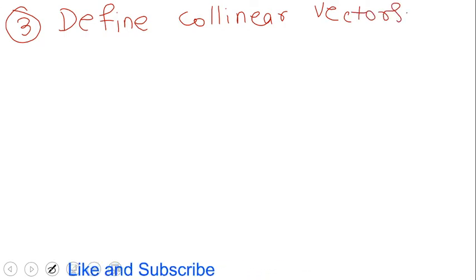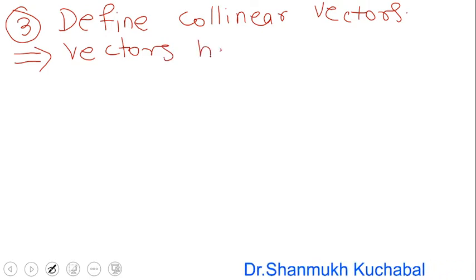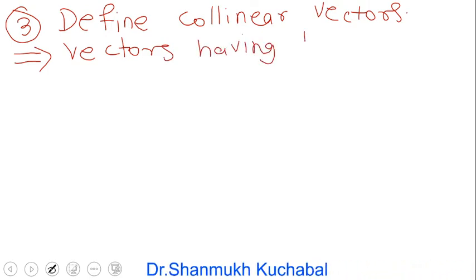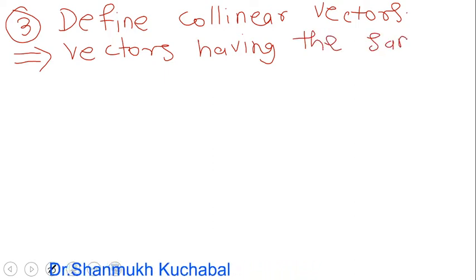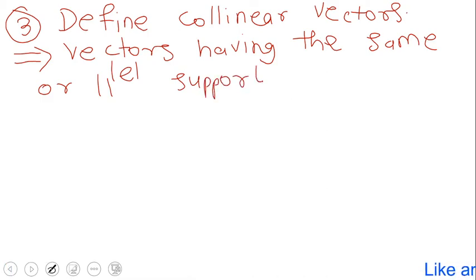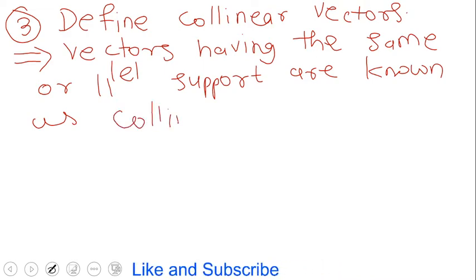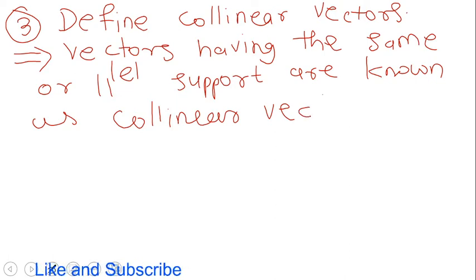The definition of a collinear vector: vectors having the same or parallel support are known as collinear vectors. So this is the definition of a collinear vector.